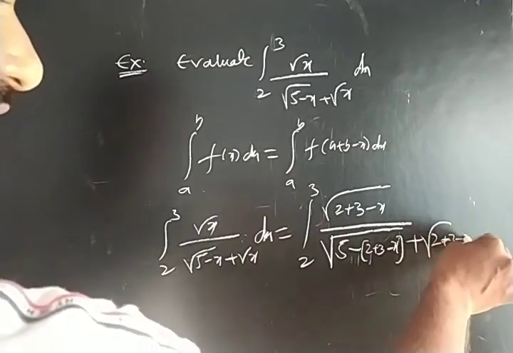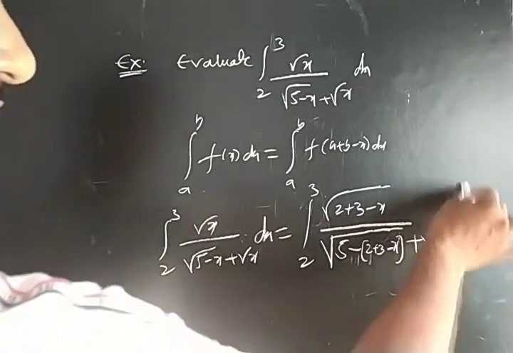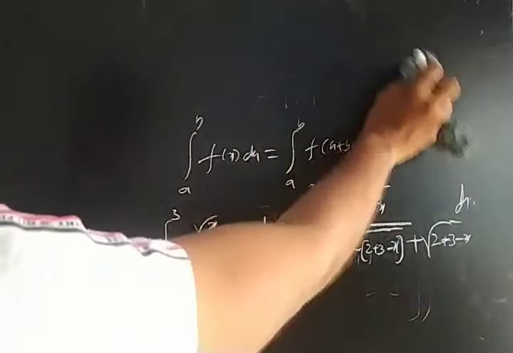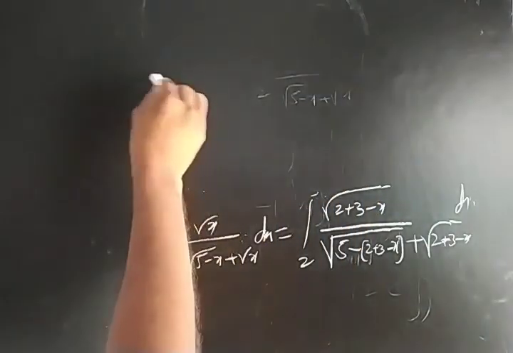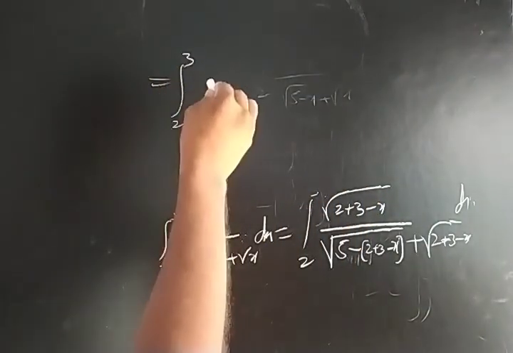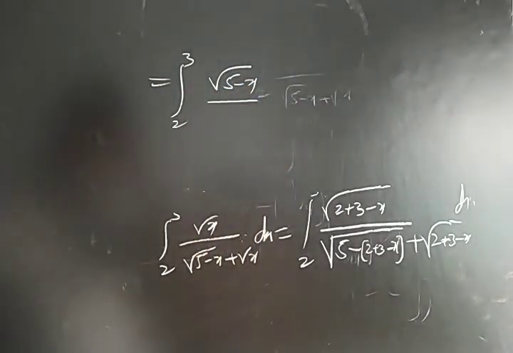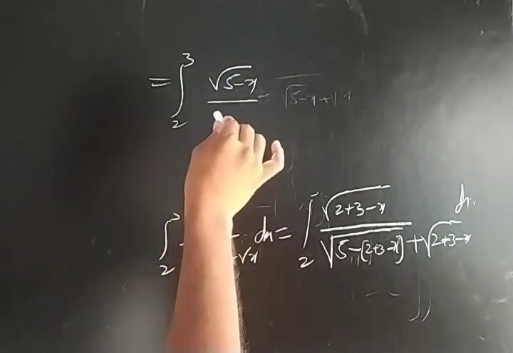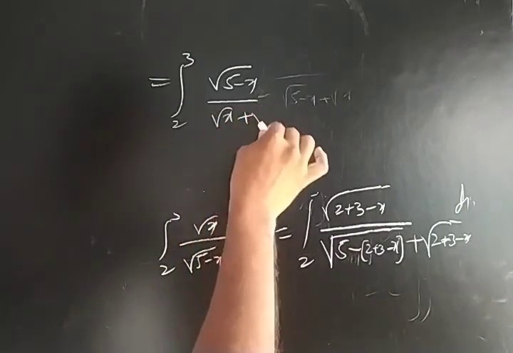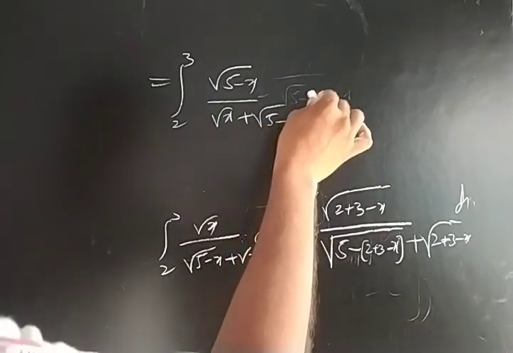Now by applying this property, it becomes the integral from 2 to 3 of root of 5 minus x by root x plus root of 5 minus x dx.